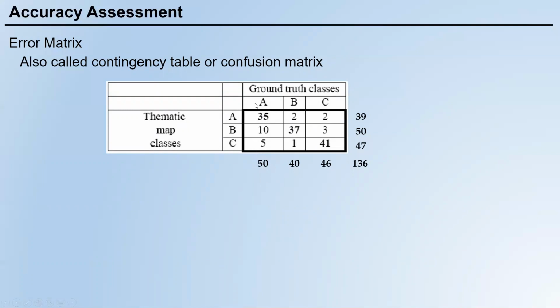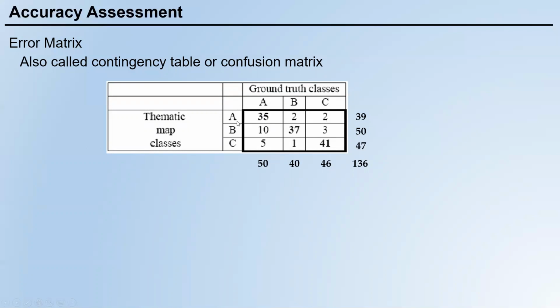It means that within this area, 50 pixels belong to class A. That is ground truth. So 50 pixels here is the ground truth for class A in the real world, but only 35 of them were correctly classified to class A according to your classification method. 10 pixels were wrongly classified to class B. 5 pixels were wrongly classified to class C. So I finished the explanation of column A. You can follow this logic to explain column B and column C.